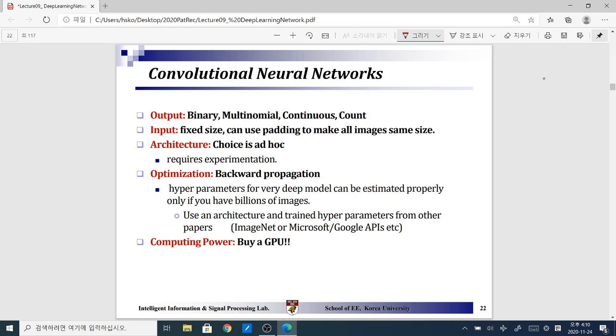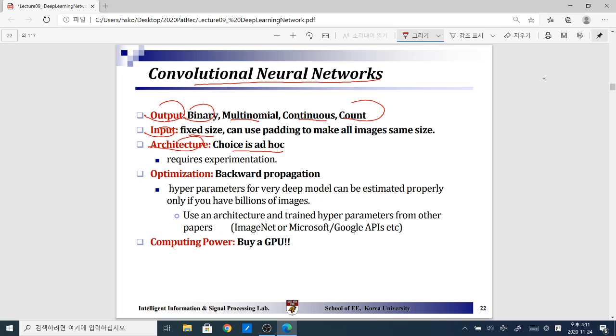Okay, so in summary, for the convolution neural net, the output could be binary, it could be multinomial or continuous, or it could be some sort of a count of numbers. Input could be some fixed size, and it could typically be an image, and so forth. And the architecture is ad hoc, it's a choice that you can make.